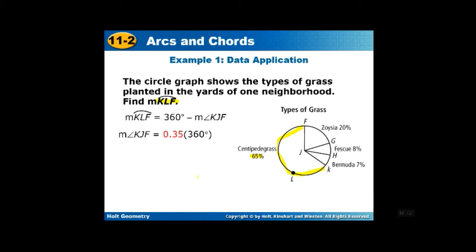So the measure of angle KJF is 20% plus 8%, which is 28%, then plus 7, which gives us 35%. Write it in decimal form, then multiply it by 360 to get 126 degrees. Now to find the measure of arc KLF, we subtract it from the full circle: 360 minus 126 to get 234 degrees.